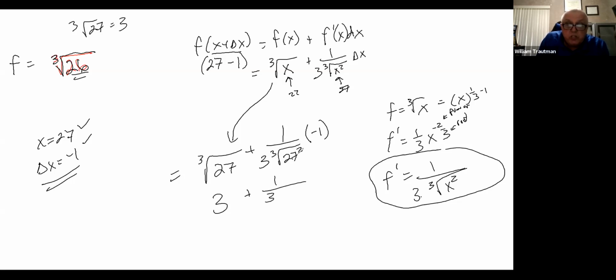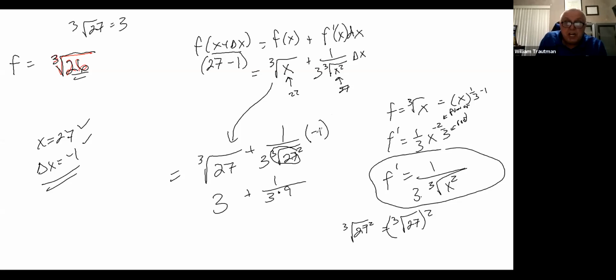Now, when you have, by the way, this is algebra, the third root of 27 squared, it's the same thing as saying the third root of 27, squared. They both mean the same thing. That's from algebra. So I'm going to take the third root of 27 first, and that's 3. And then I square it. 3 squared is 9.